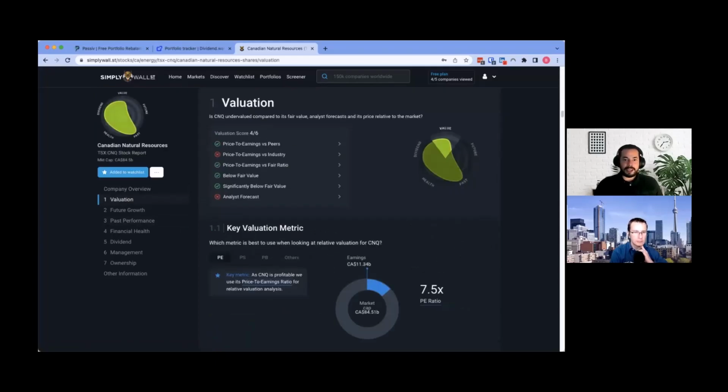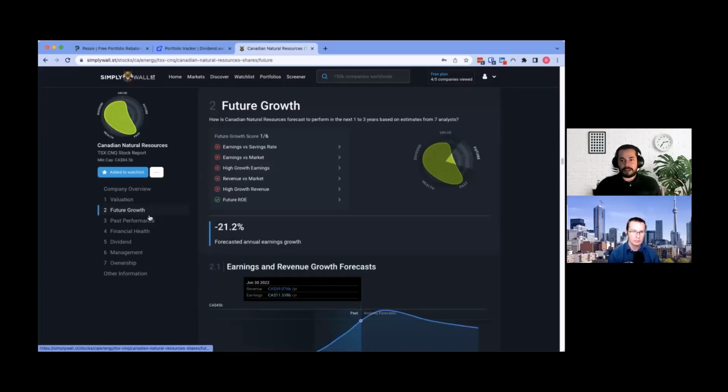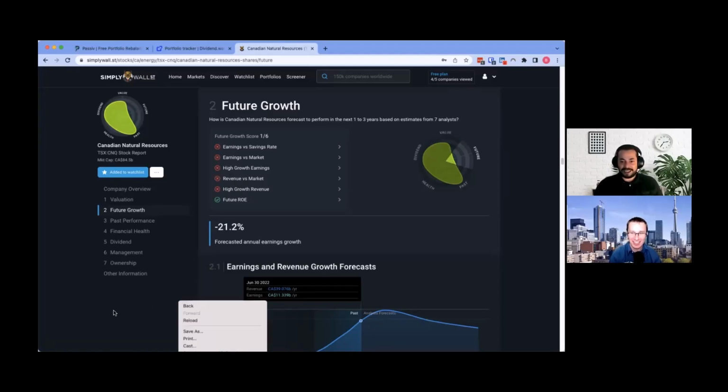Just like the previous platform, they give you a valuation score, and the criteria that they're scoring the company on. They give you an understanding of the future growth. So in this case, not much future growth for CNR, at least according to the data that's the sea of red here. Yeah.